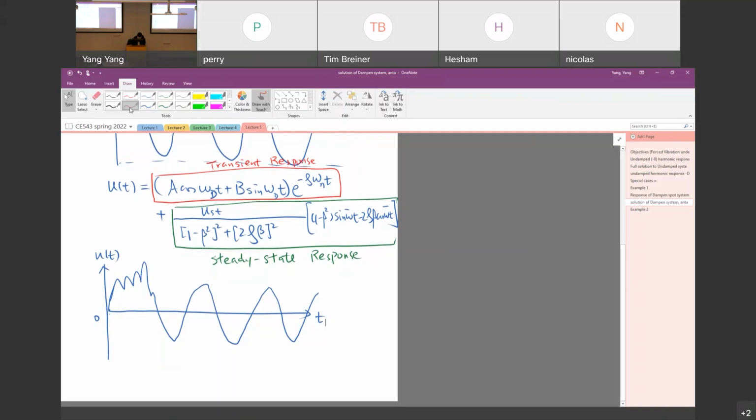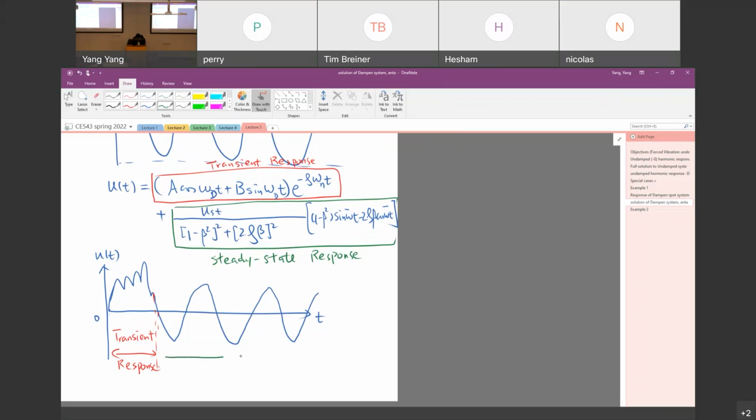The initial stage, maybe it ends somewhere here. This is called the transient response.